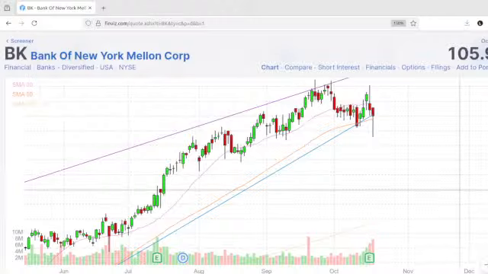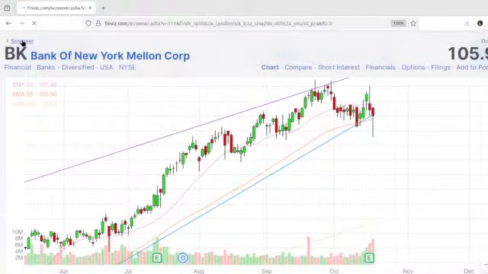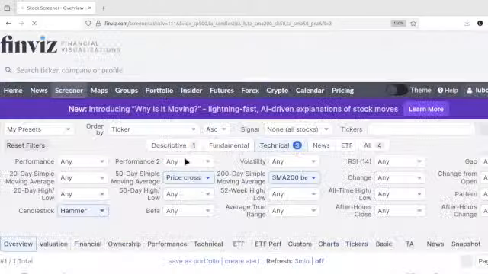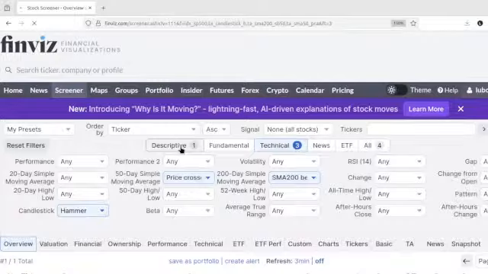So this is an example of a bullish candlestick pattern. Let's see if we can find more candlestick patterns. Bank of New York is definitely a good one to trade.